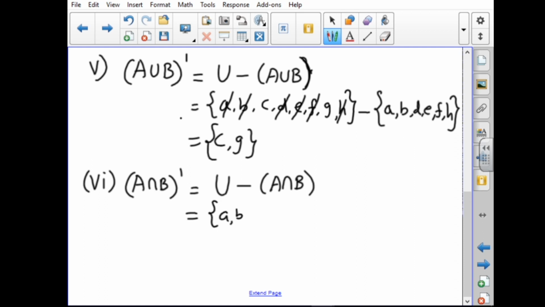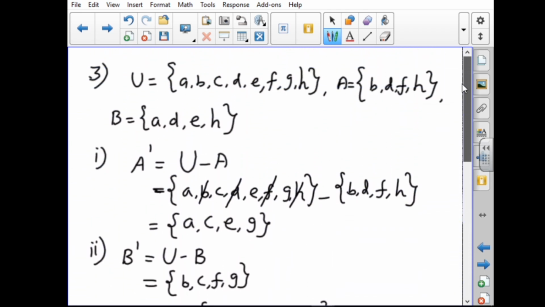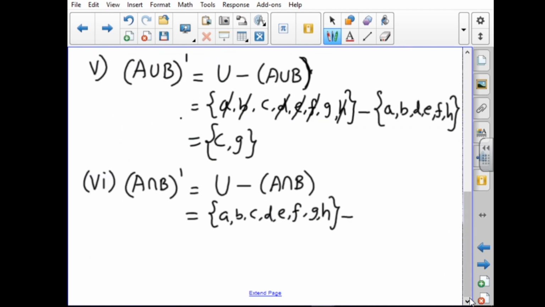A, B, C, D, E, F, G and H. Intersection means the common elements of the A and B sets. A is B, D, F and H, and B is A, D, E, H. So D and H are the common elements of A and B. So the intersection part is D and H.